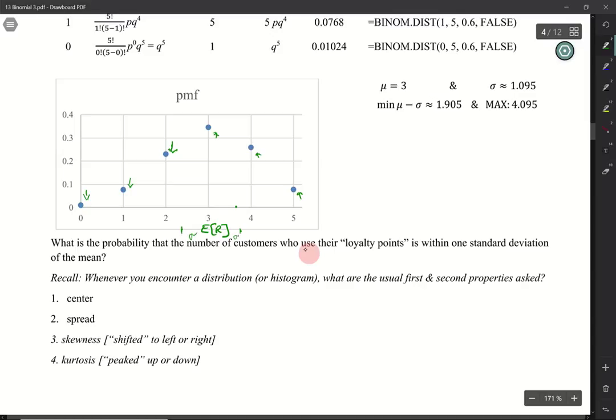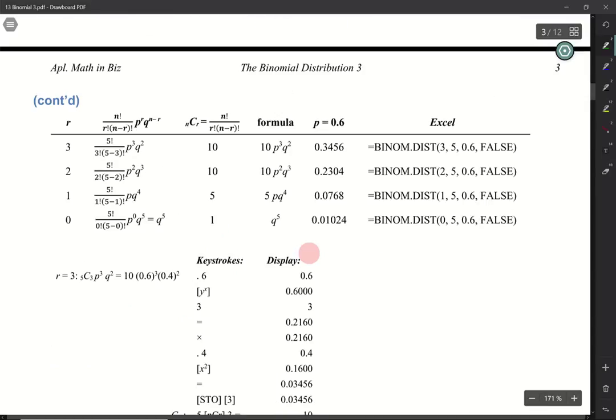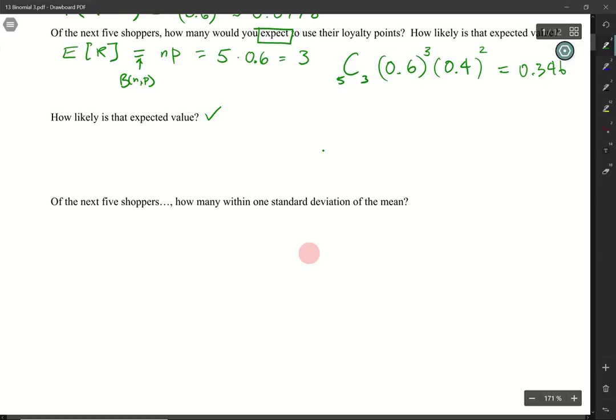And so around the mean, 1 sigma down and 1 standard deviation above, informally people think of that as the sweet spot of a distribution, right? So, within 1 standard deviation of the mean.